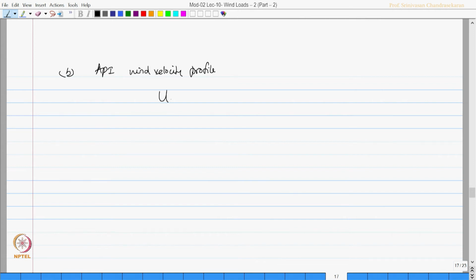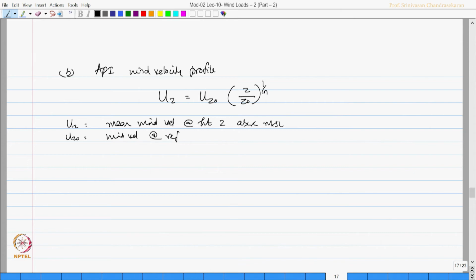API wind velocity says u at any z will be given by u z 0 times z by z 0 to the power 1 by n, where u z is the mean wind velocity at height z above the mean sea level, u z 0 is wind velocity at reference height z 0, z 0 is the datum which is generally 10 meters above the mean sea level, and n actually is an index.